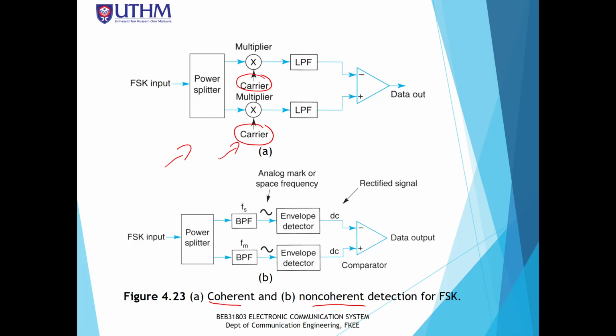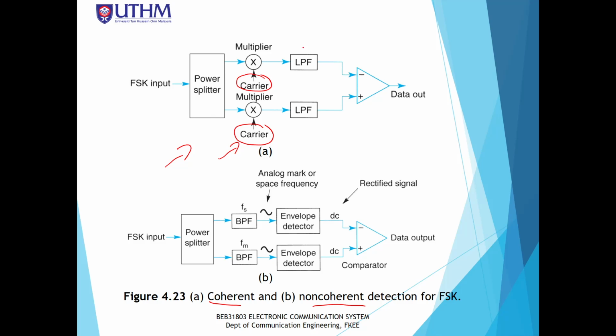Okay, so FSK input masuk ke dalam power splitter, it will split the high frequency and also the low frequency. So mark frequency and also the space frequency will be splitted. And then masuk ke dalam multiplier, you akan buat proses darab. Remember proses darab, it will produce a upper sideband also the lower sideband.